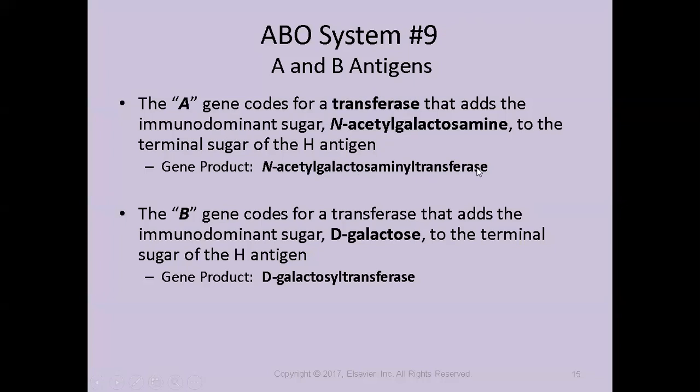The gene product is always an enzyme. The B gene codes for D-galactosyltransferase. It's going to transfer D-galactose to the L-fucose building block. When someone has type AB, they have both enzymes, so they're going to have both of these sugars added to L-fucose.